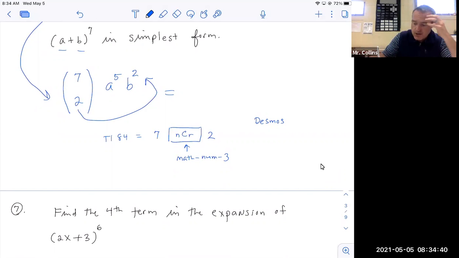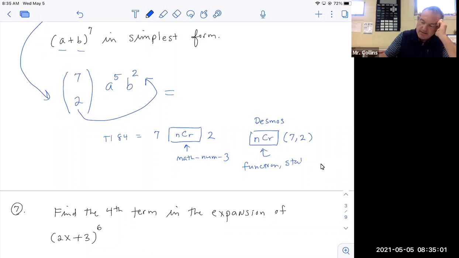It's under the function stat menu. Again, there is a button, nCr. You would hit that. And this time, it takes parameters. It takes parentheses, and you type in 7, 2. And again, just to let you know, you've got to go to the function menu, and go under stat. So there are a couple places on a computer you can get this. Either way, 7 choose 2 is just 21.